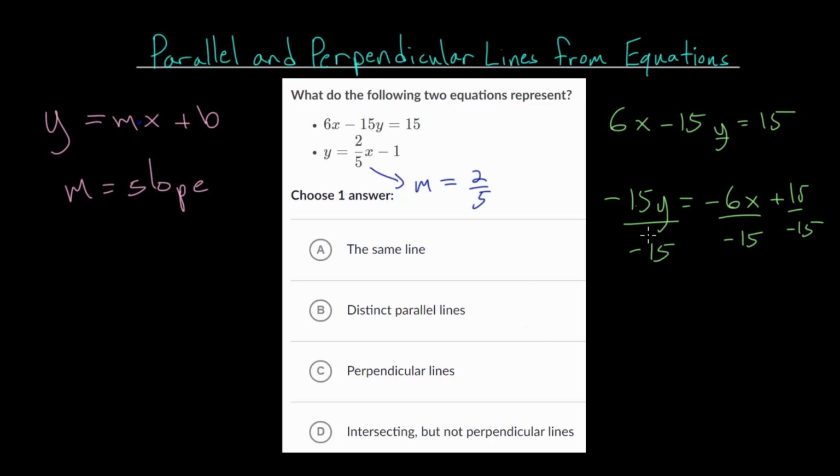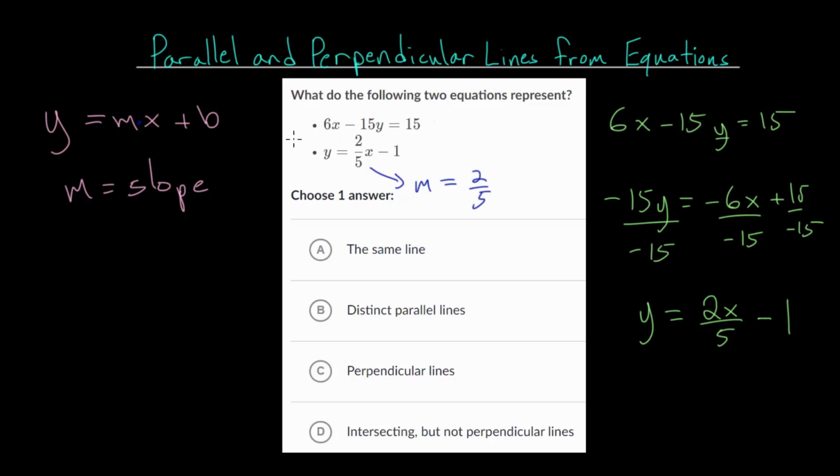Something divided by itself is just 1, so we get y on the left. On the right side, the negatives cancel, and 6/15 can be simplified. We can divide 6 and 15 by 3 so that we get 2 over 5 multiplied by x. And then 15 divided by -15 is -1.